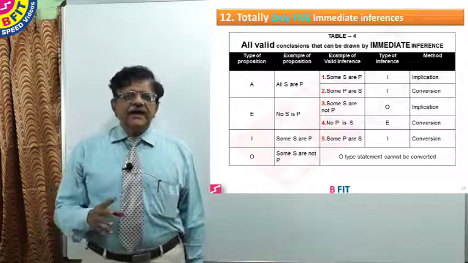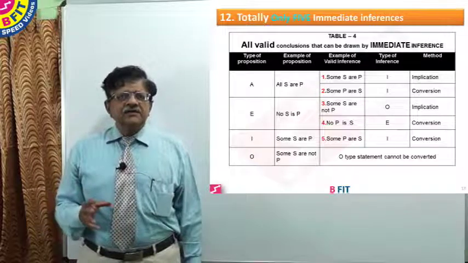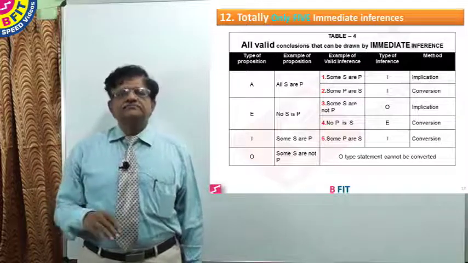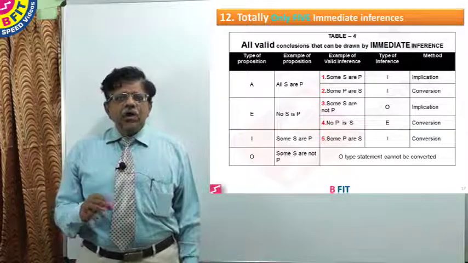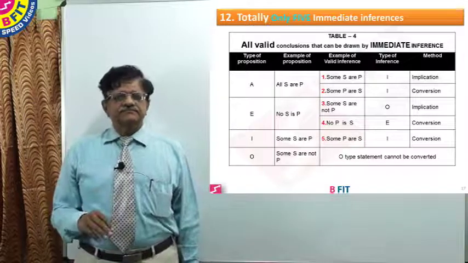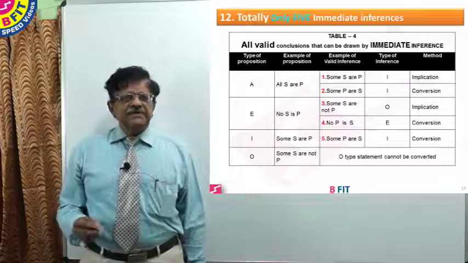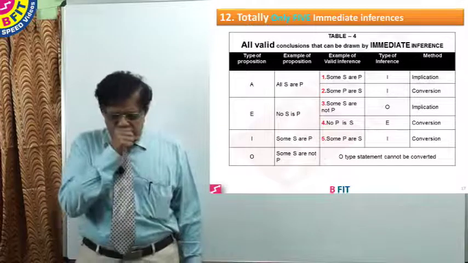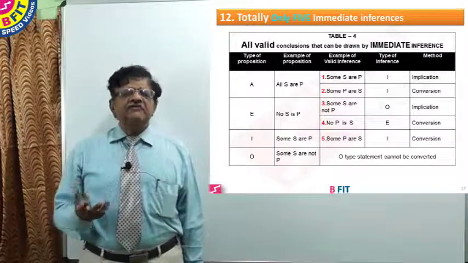Then when you get an E-type statement, no S is P, what inference can be drawn? Some S are not P, and no P is S. The third statement is some S are P. When you get some S are P, what valid inference can you draw?